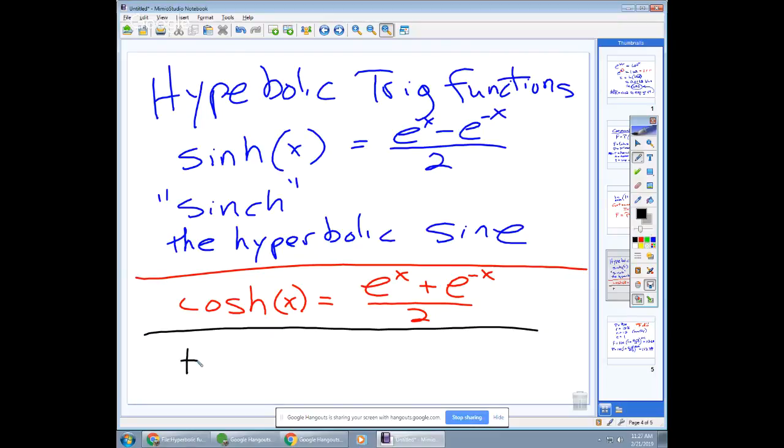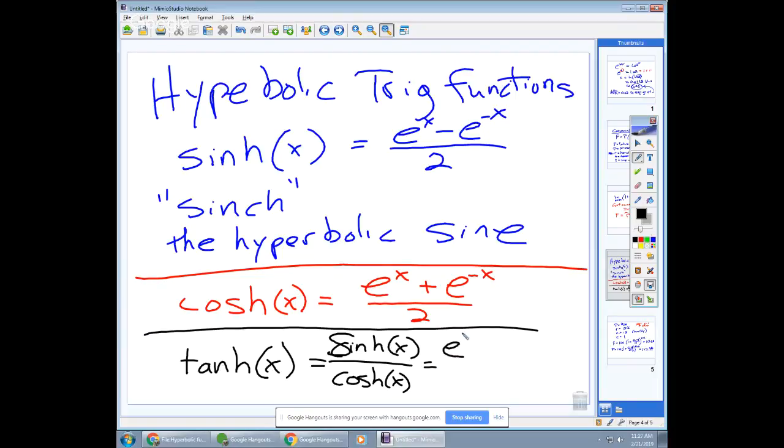The hyperbolic tangent, or tanh, of x is just the hyperbolic sine divided by the hyperbolic cosine, like tangent is sine over cosine. So the divide by 2's divide out, and you would get e to the x minus e to the negative x over e to the x plus e to the negative x.